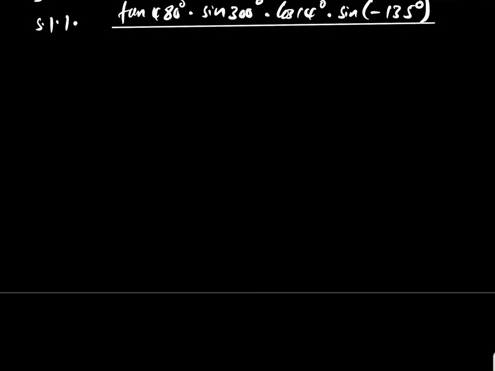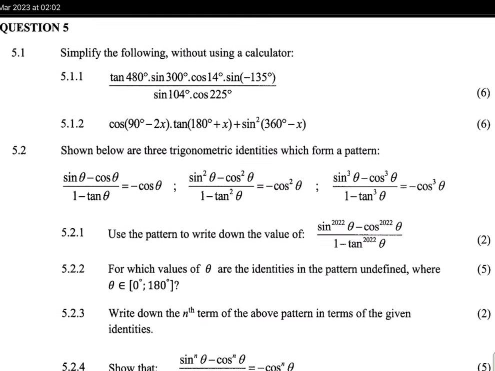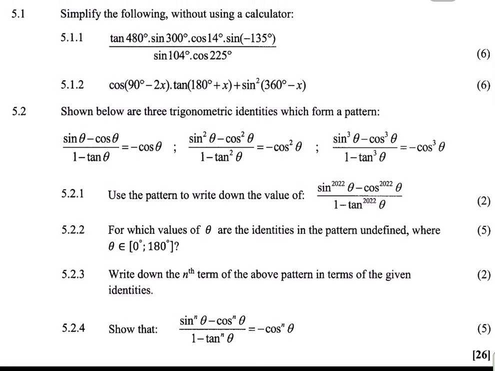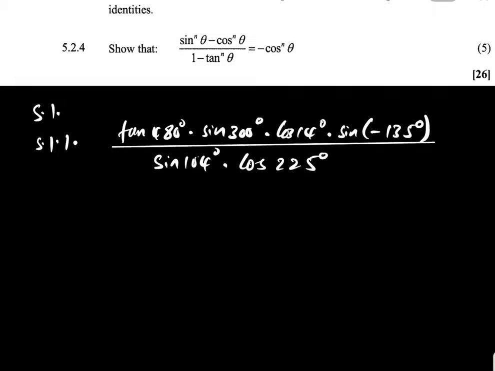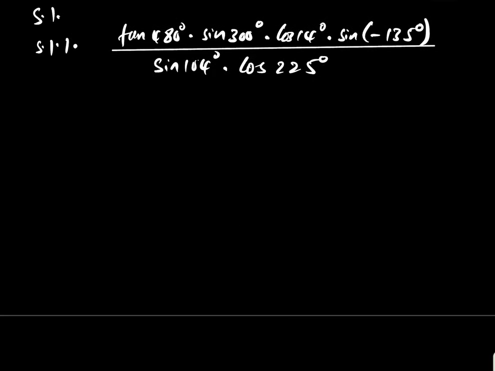We also have sine of 104 degrees multiplied by cos of 225 degrees. We want to simplify this one.